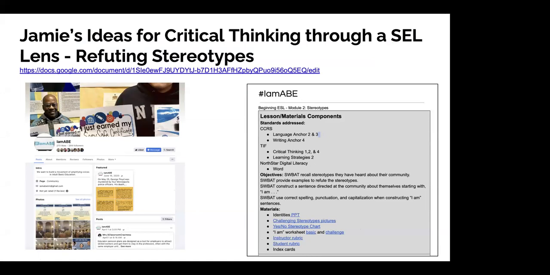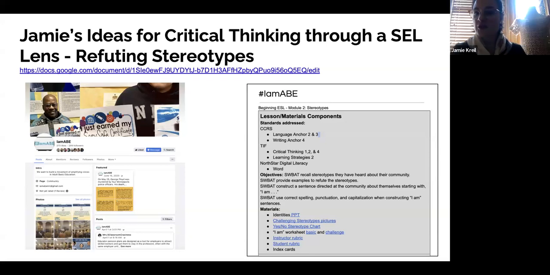These materials, there's a Facebook page. There is also a Google site, and there are a number of lessons available on the Google site. And I put the Google site on the resource list if you are interested in checking out more lessons. And the Facebook page is more the advocacy piece. Is that right, Jamie?